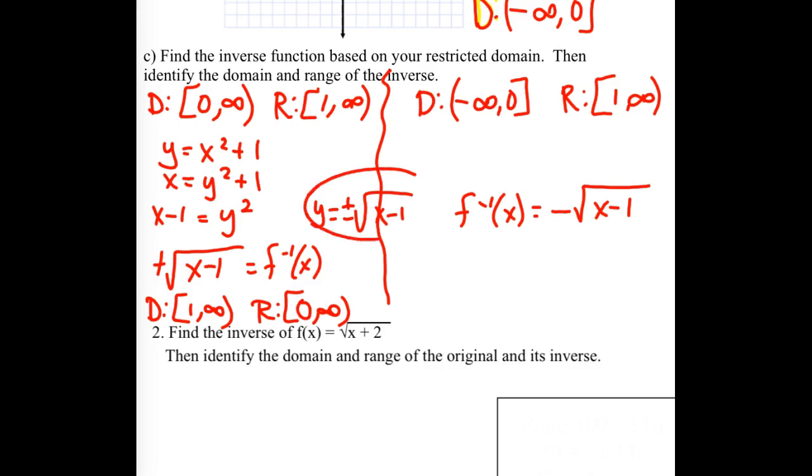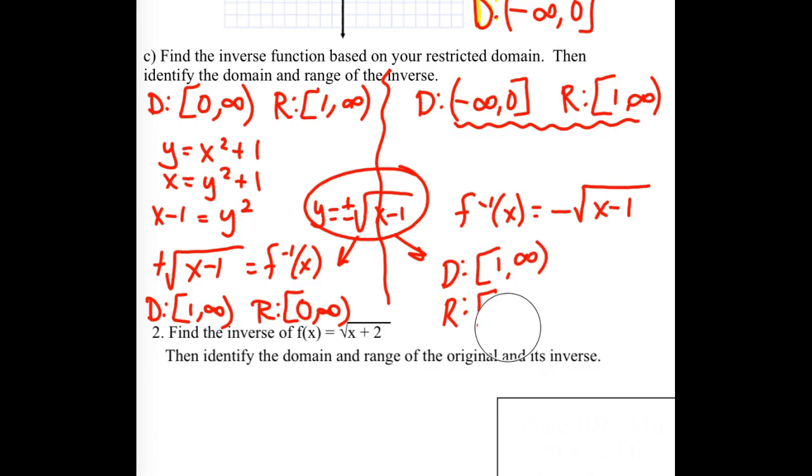So instead of having a positive and a negative, I get the positive version there, I get the negative version here. Okay? If I'm just cutting it in half and using one half at a time. Domain and range here are going to be the reverse of what I have right here.